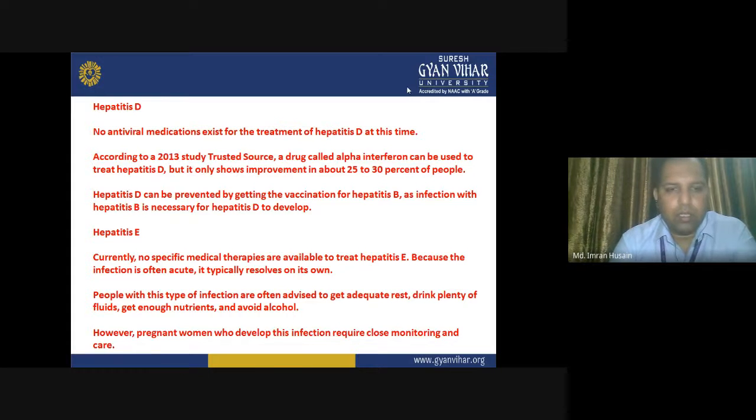Hepatitis E. Currently, no specific medical therapies are available to treat hepatitis E because the infection is often acute. It typically resolves on its own.